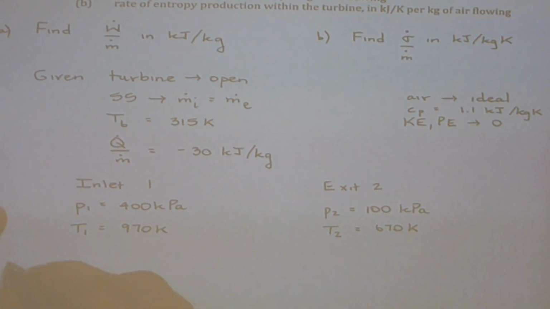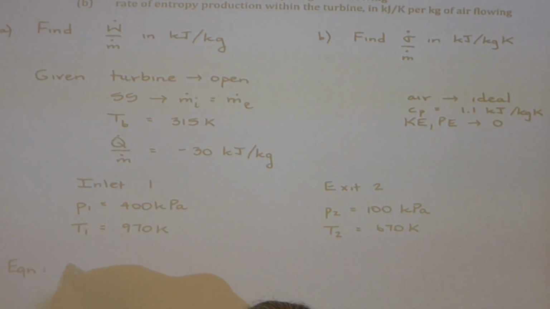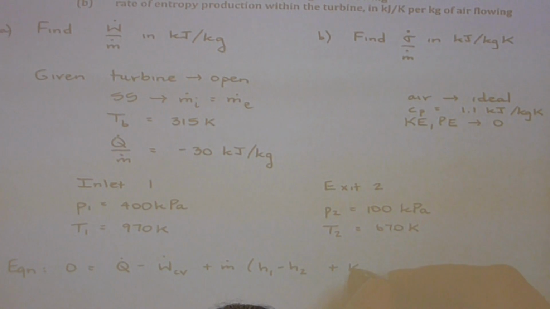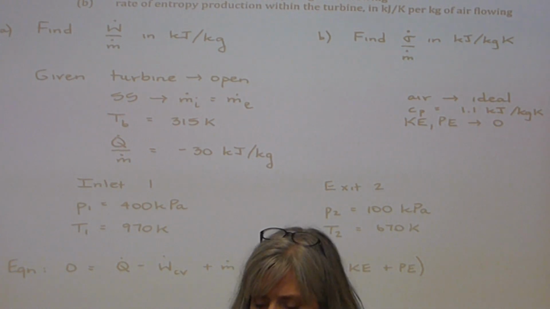So let's look at some equations. The equation that I always start with is going to be our energy rate balance. And I'm a little bit sloppy here about writing kinetic and potential energy.